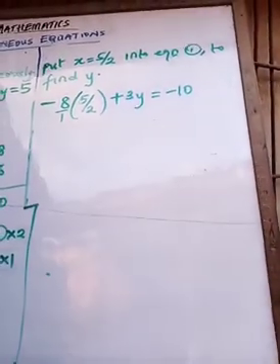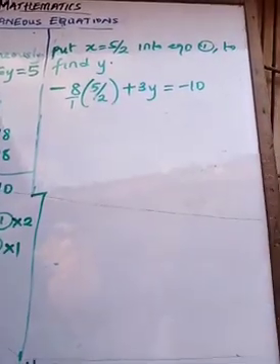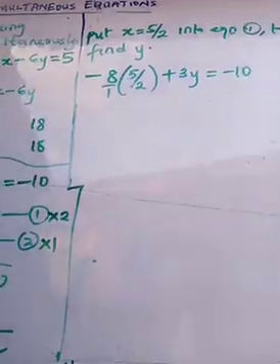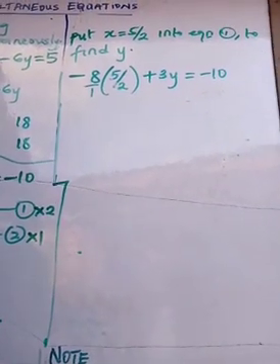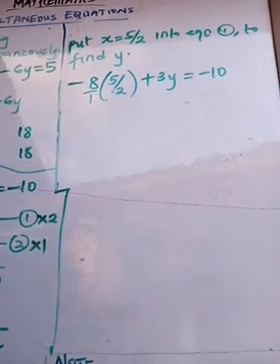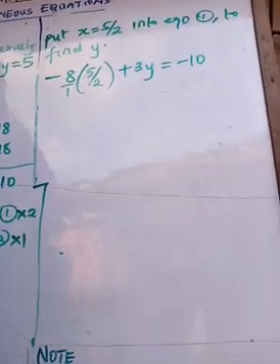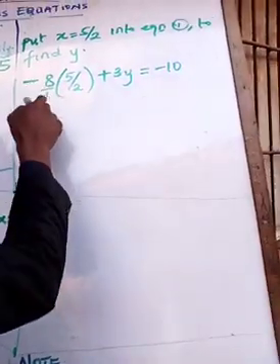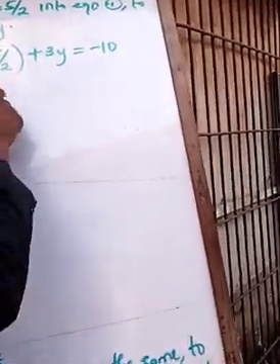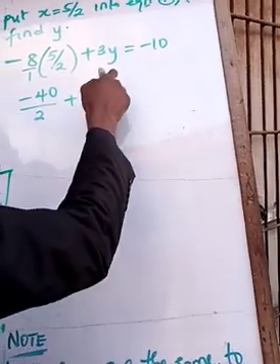Please take note of that important fact. Anytime you are multiplying a fraction and the fraction is inside the bracket, you should make sure numerator multiplies numerator, denominator multiplies denominator. So minus 8 times 5 is minus 40. 1 times 2, that's 2, plus 3y is equals to minus 10.